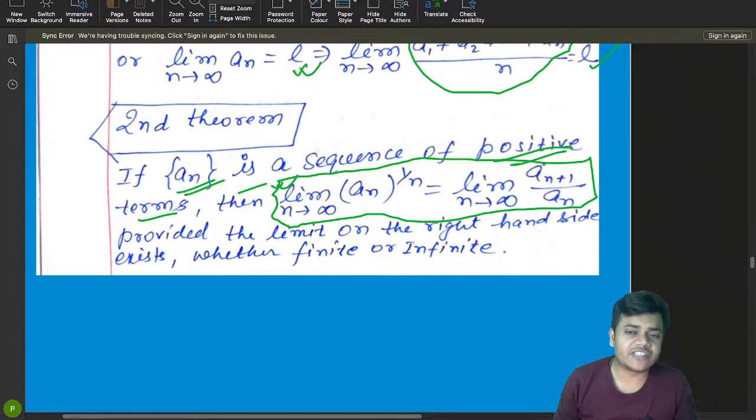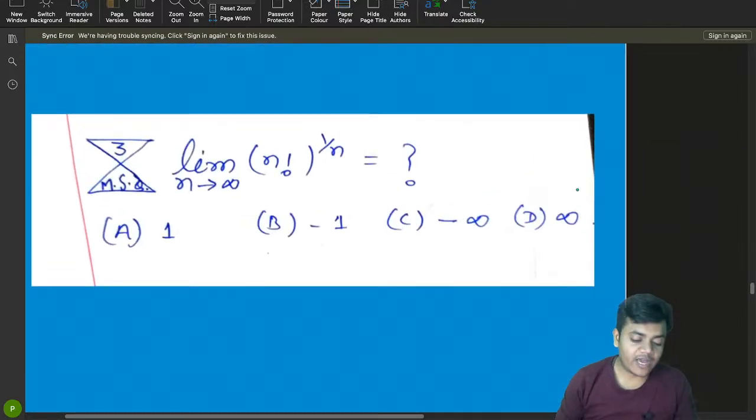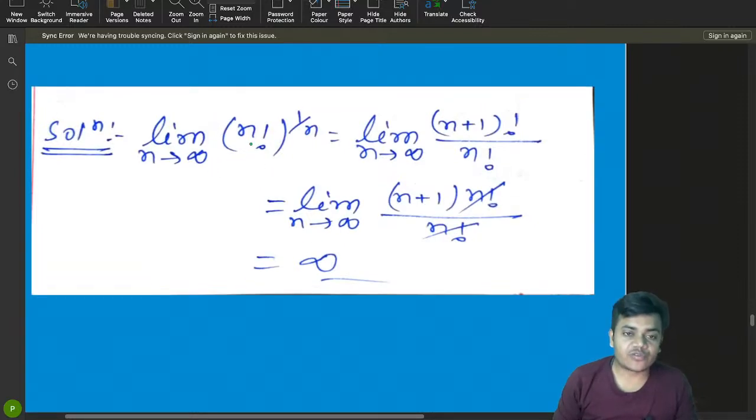Sometimes it is easier to calculate this, and that's why if you have to get this limit, then certainly we are interested in the ratios. So limit n tends to infinity (n factorial) raised to the power 1 by n will be equal to limit n tends to infinity (n+1) factorial over n factorial.